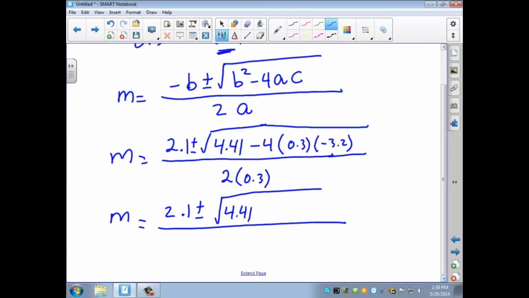That would be minus 0.96, and minus 0.96 times 4 would be 3.84. Minus, well, it would be a plus 3.84, divided by 2 times 0.3, that would be 0.6.